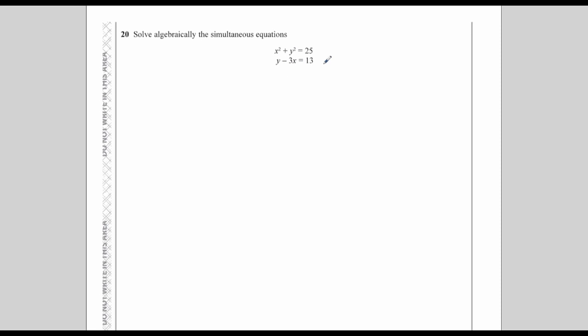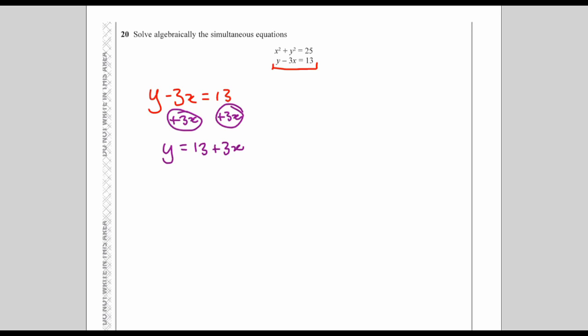So take your easiest equation, which is this one, and make it so that it tells you what y equals, or so that it tells you what x equals. So if we rearrange this, plus 3x to both sides, then we get that y equals 13 plus 3x.